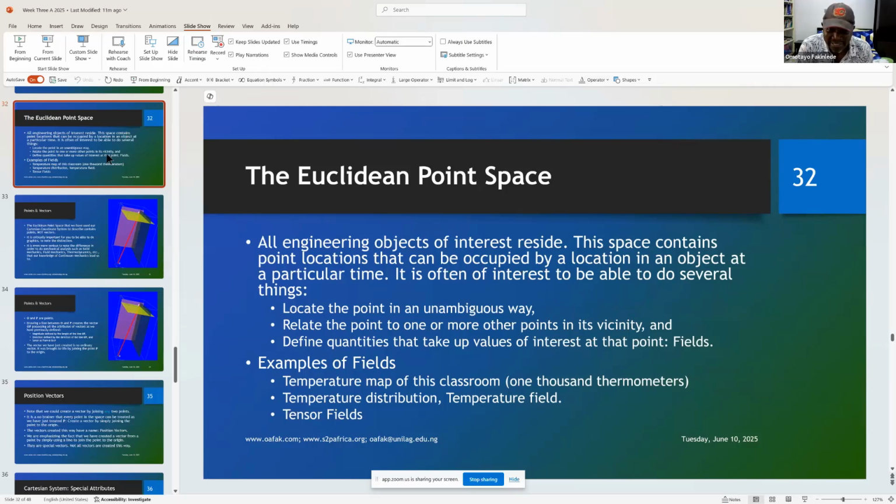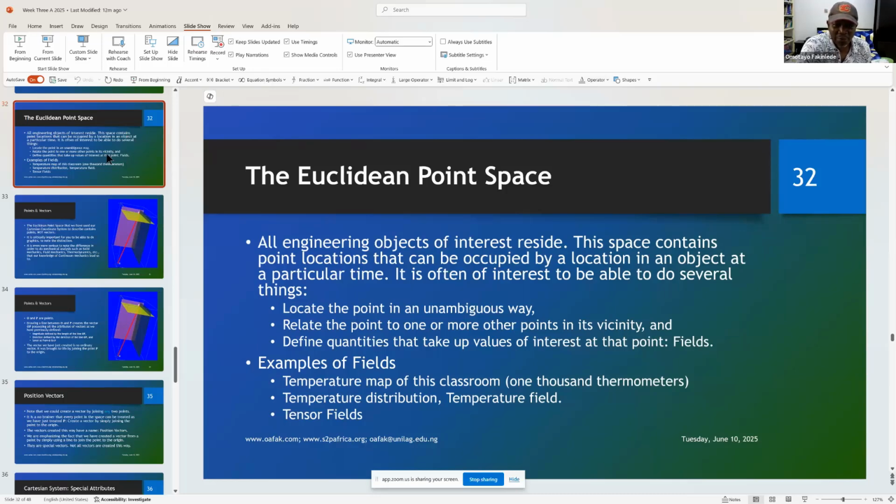All engineering objects of our interest reside inside a form of Euclidean point space. You can always locate the points on these objects. This space contains point locations that can be occupied by a location in an object at a particular time. It is often of interest to be able to do several things.